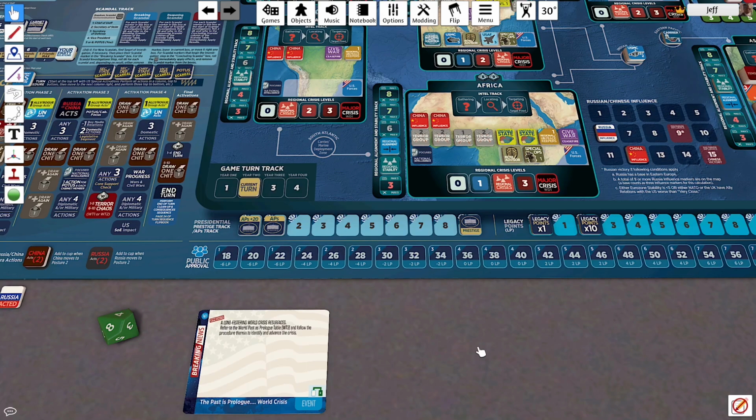Could have been worse. The level 1 was Ebola outbreak. Holy cow, that's a crazy one.